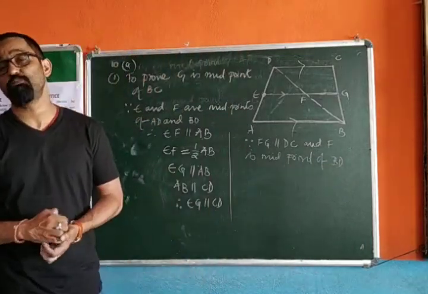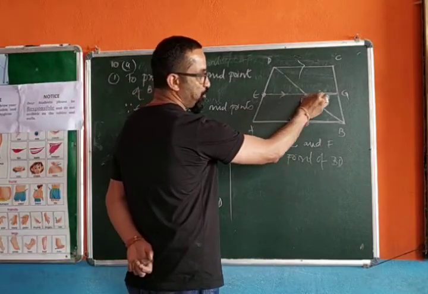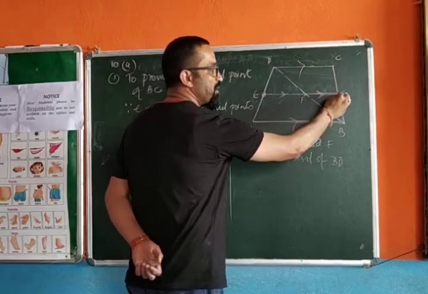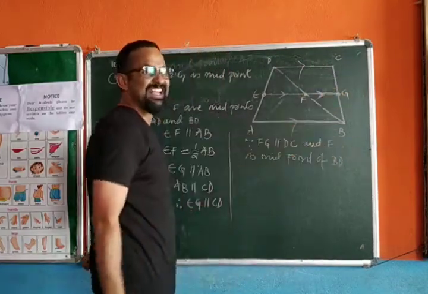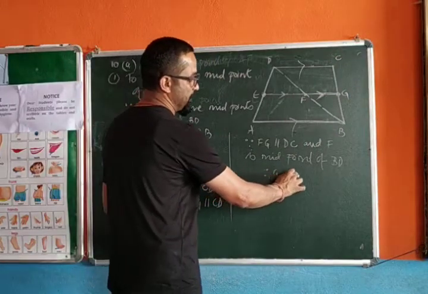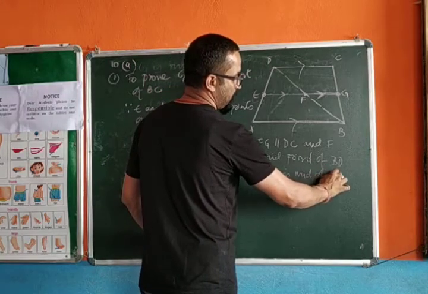Using converse midpoint theorem, a line passing through the midpoint and parallel to the third side passes through the midpoint of the second side. Therefore, G is midpoint of BC.